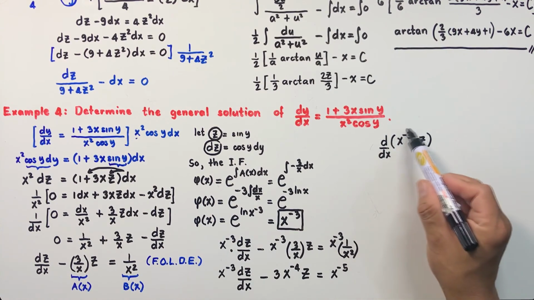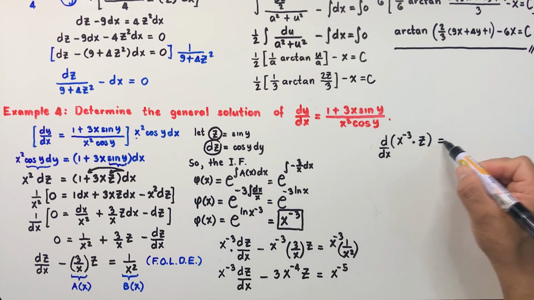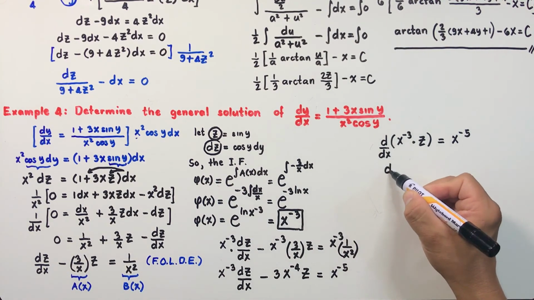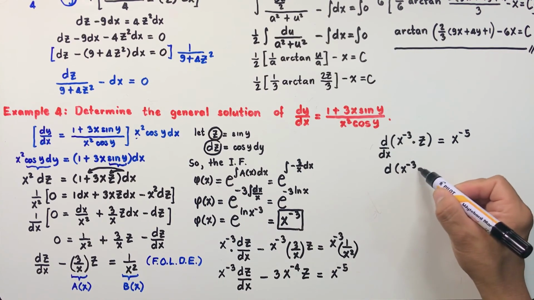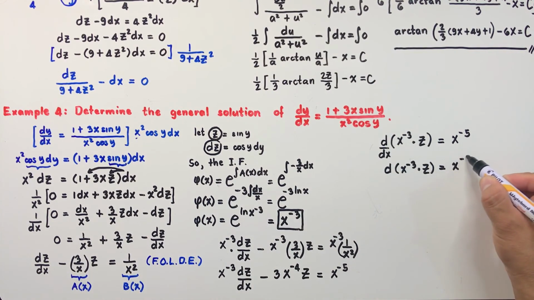And the derivative of this is negative 3 times x to the power negative 4 by the power rule. And this is equal to x to the power negative 5. So rewriting this one, we have the differential of x to the power negative 3 times z, which is equal to x to the power negative 5 dx.